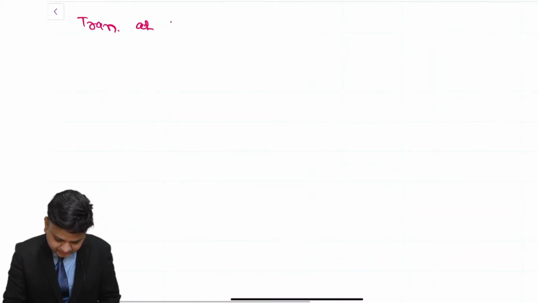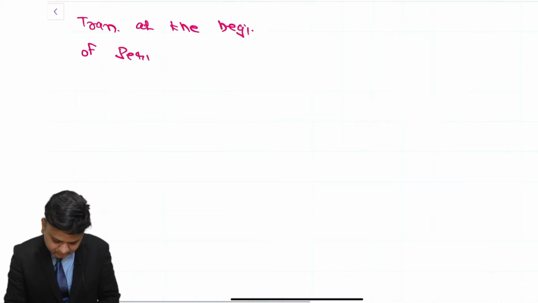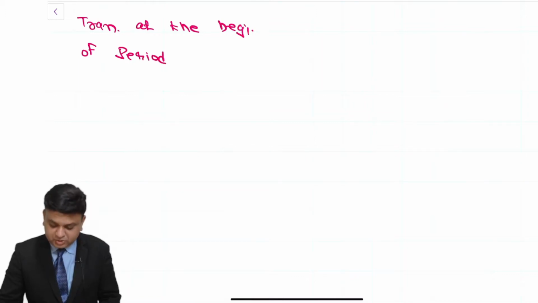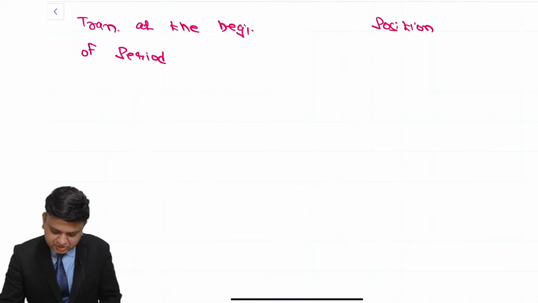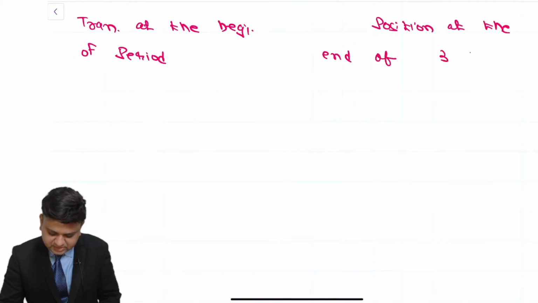Transactions at the beginning of the period, and opposite to that, position at the end of 3 months.